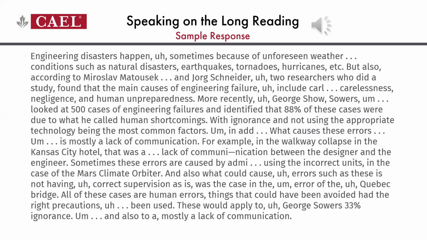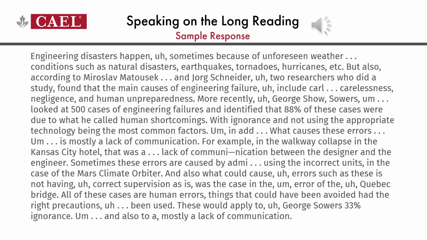What causes these errors is mostly a lack of communication. For example, in the walkway collapse in the Kansas City hotel, that was a lack of communication between the designer and the engineer. Sometimes these errors are caused by using the incorrect units in the case of the Mars Climate Orbiter.